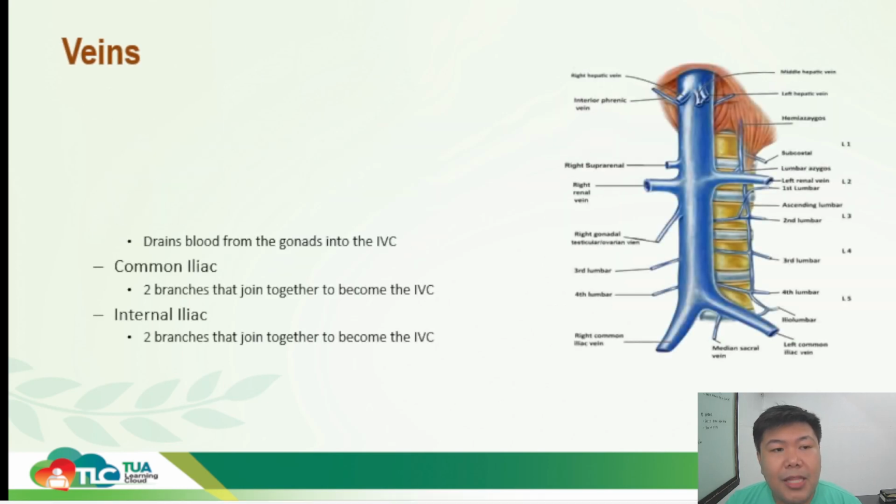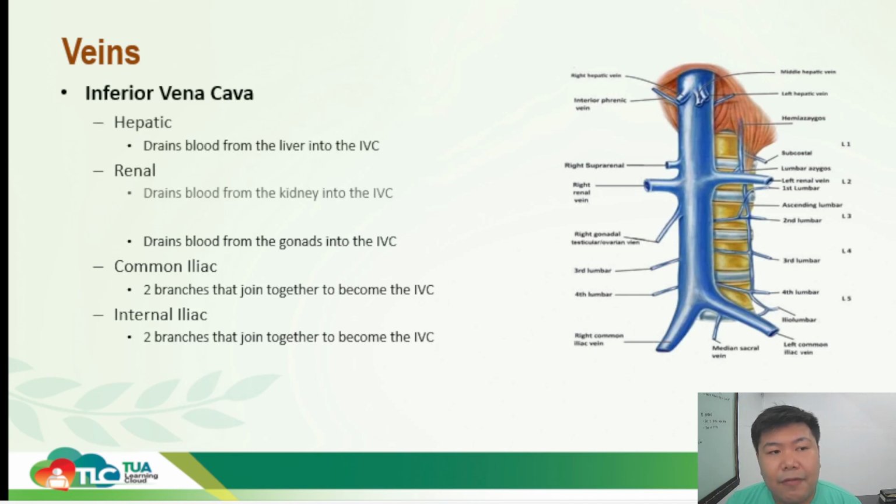For the abdominal veins, of course, now that we are in the lower half of the body, they will drain their blood to the inferior vena cava. So blood coming from the liver will be going to the hepatic vein, and then will go to the inferior vena cava here, this big vessel here.